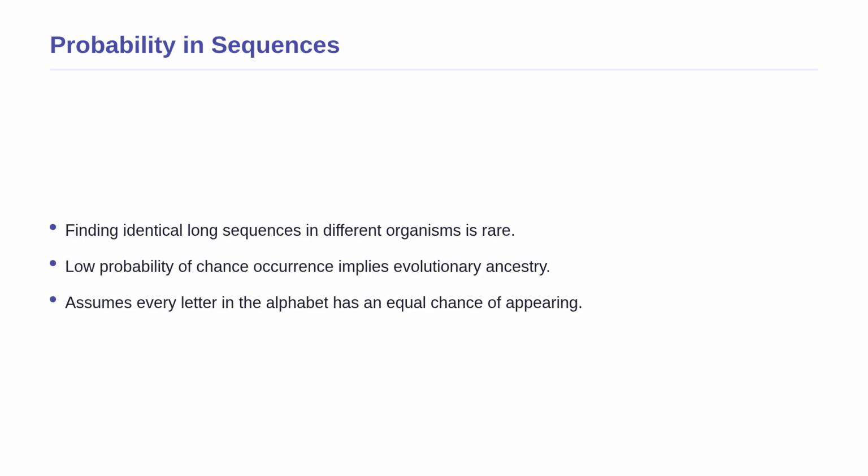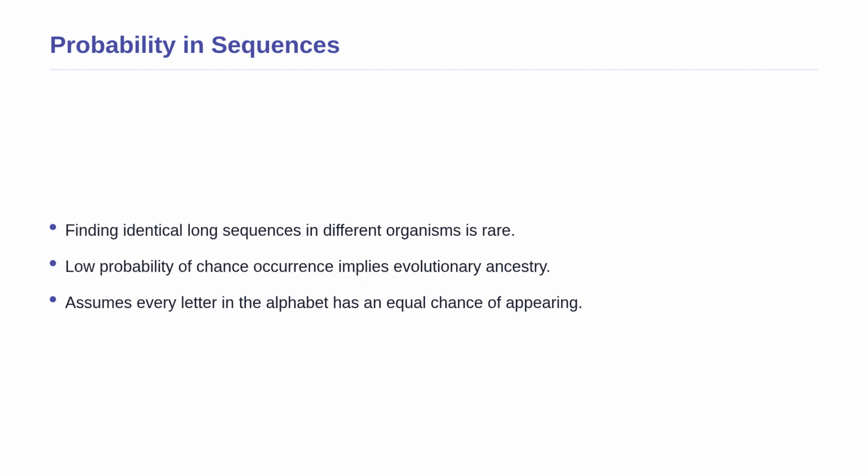These massive numbers of combinations bring us to an important concept in computational biology: probability. When we compare digital sequences from 2 different organisms and find a long, identical match, we have to ask, did this happen by random chance?